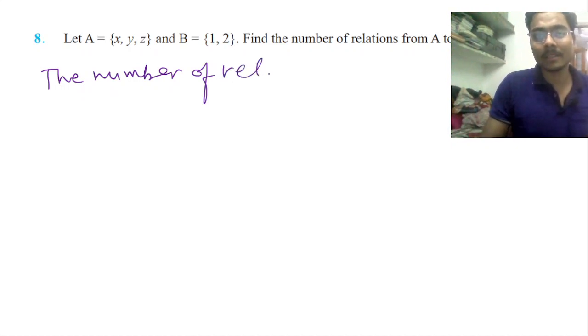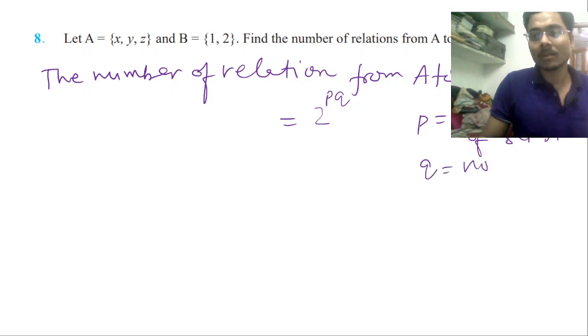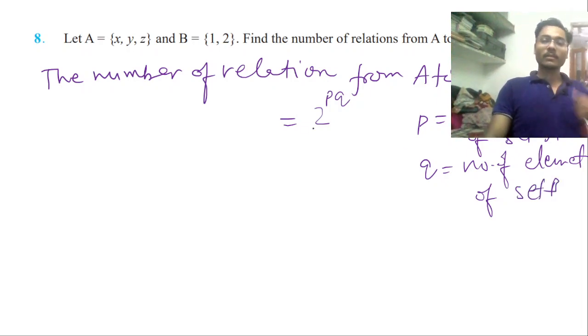The number of relations from A to B is 2 raised to p times q, where p is the number of elements of set A and q is the number of elements of set B. So in this question, the number of elements in A is 3 and the number of elements in set B is 2.